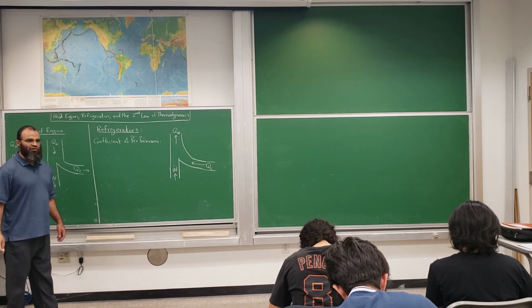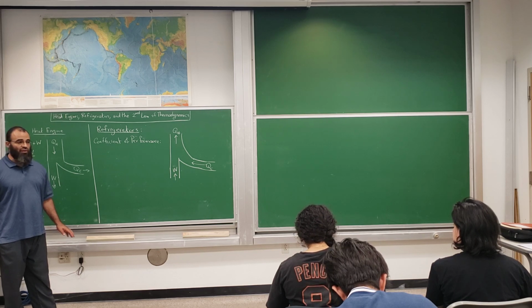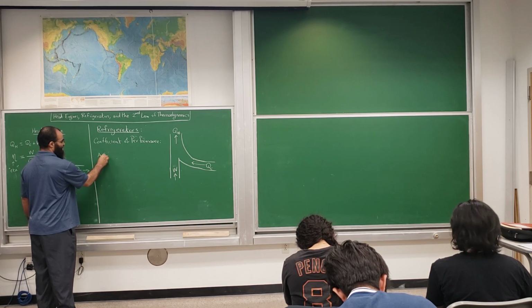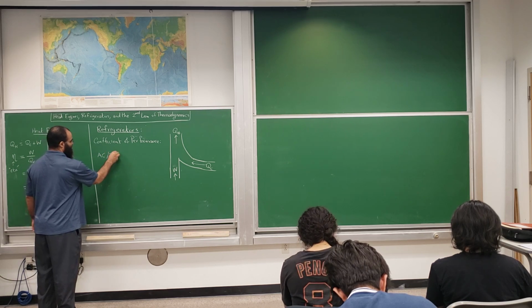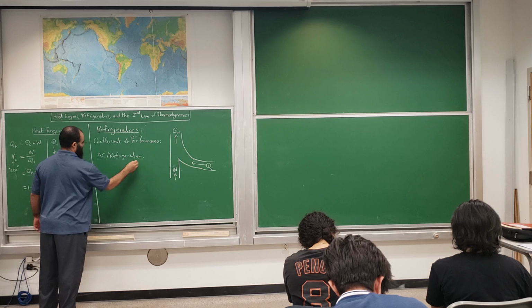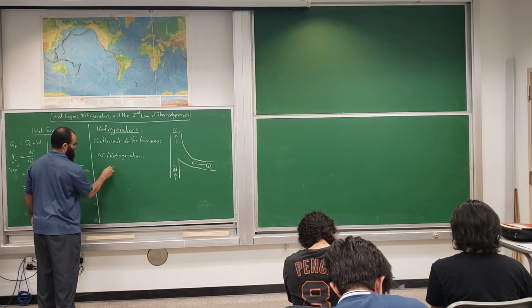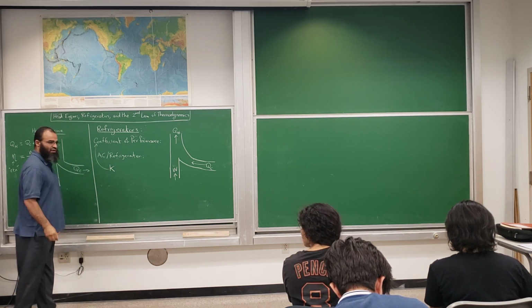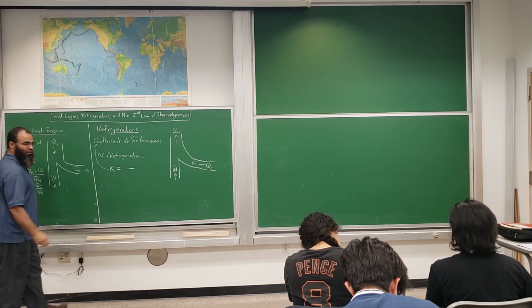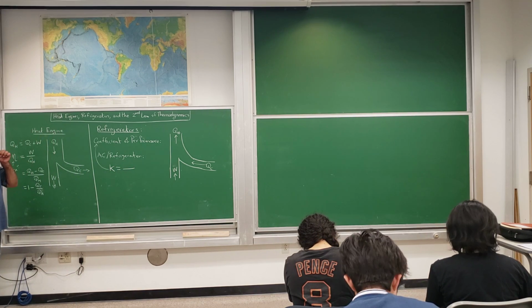There are two different ones actually that you can define. It's about what you care about. So for example, for an air conditioner or a refrigerator, K, which is the coefficient of performance, is defined as follows. Similar to this, what you get versus what you pay.